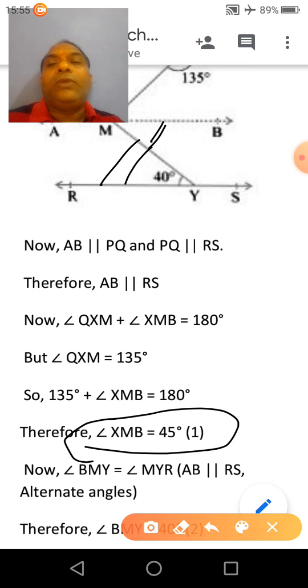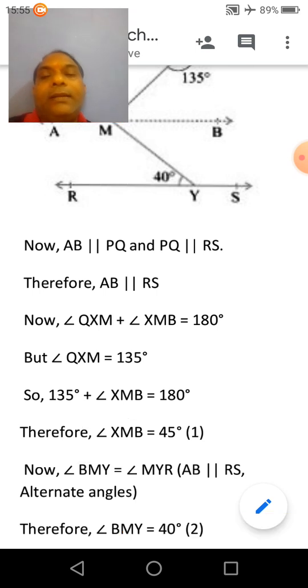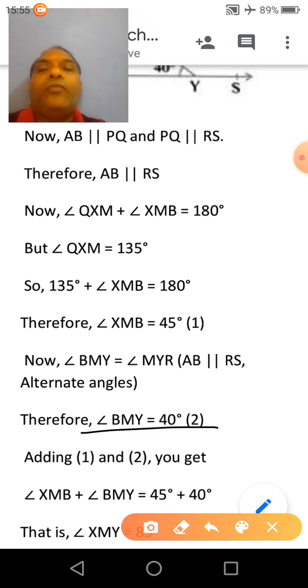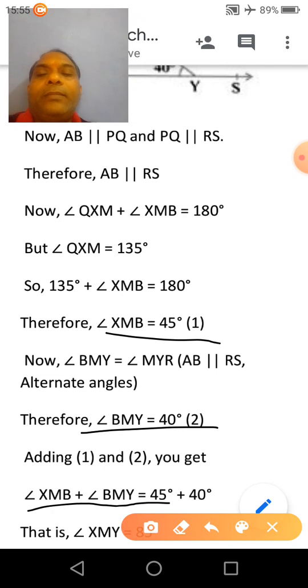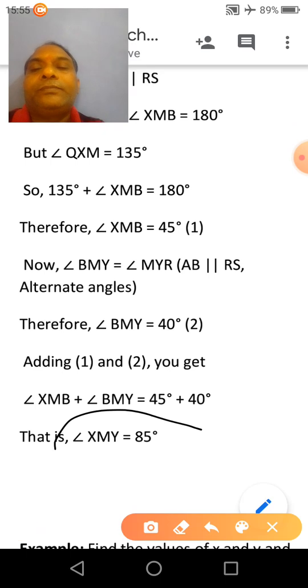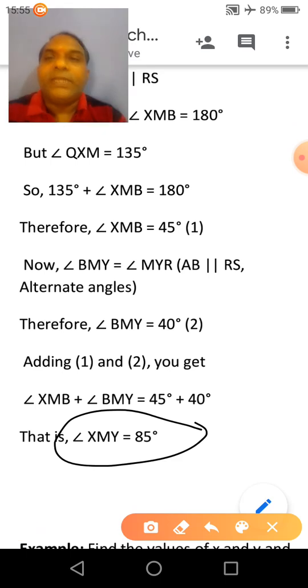So this will be equal to 40 degrees. Clear? So write here 40 degrees. So from 1 and 2, adding both angles, angle XMB plus angle BMY is equal to 45 plus 40 degrees, which is equal to 85 degrees. Clear? Very simple.